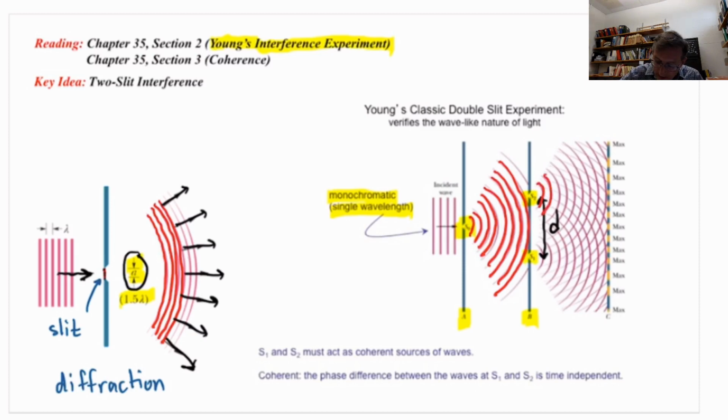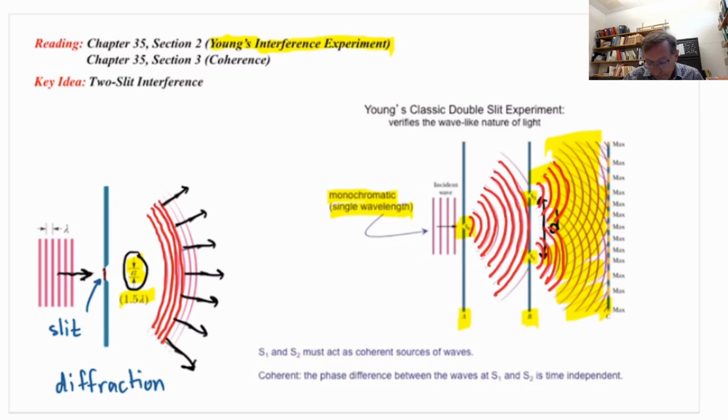So we have these spherical wavelets from S2 and these spherical wavelets that have diffracted through S1. And so now, at all points to the right of those two slits, we have two light waves propagating outward.